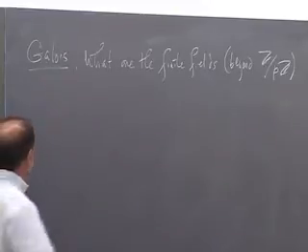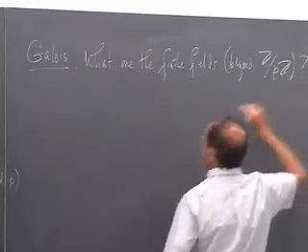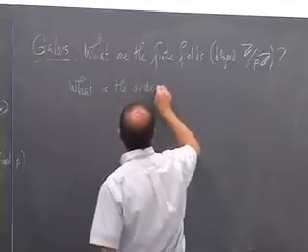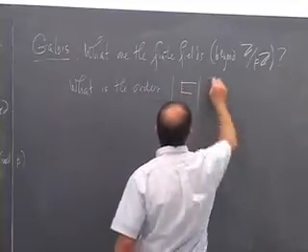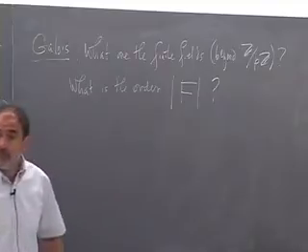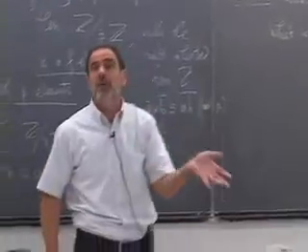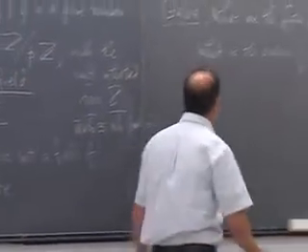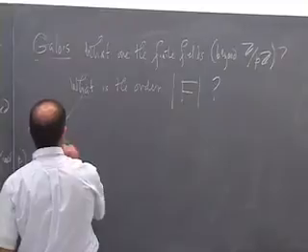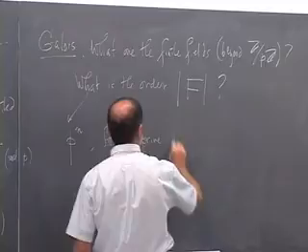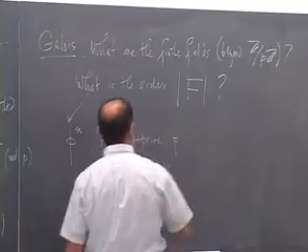So the first thing is you might want to know what is the order of F for a finite field. Here's a finite field of order 2 and 3. Is there a finite field of order 4? Is there a finite field of order 5? Yes. Is there a finite field of order 6? We don't know. So what Galois proved is the answer to this is p to the n for a prime p and an integer n bigger than or equal to 1.